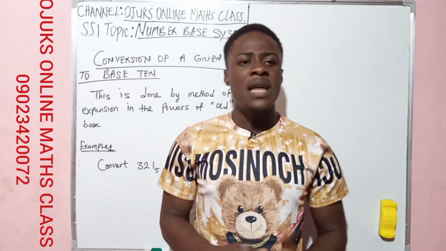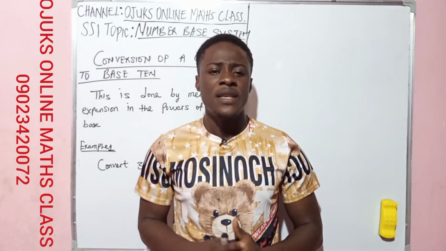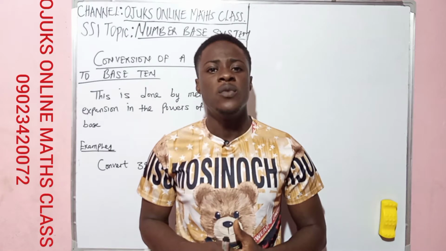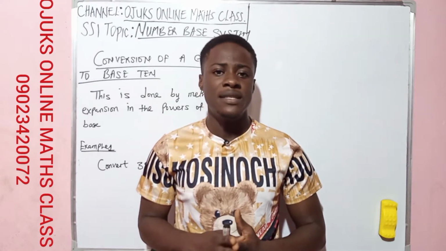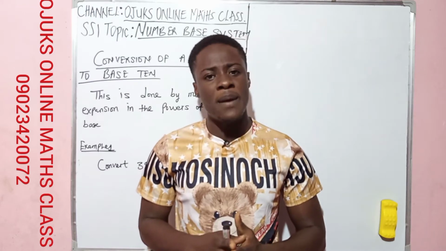Okay, in our previous class, we looked at the first topic in the SS1 scheme of work in mathematics, which is the number base system. We discussed the concept of number base.